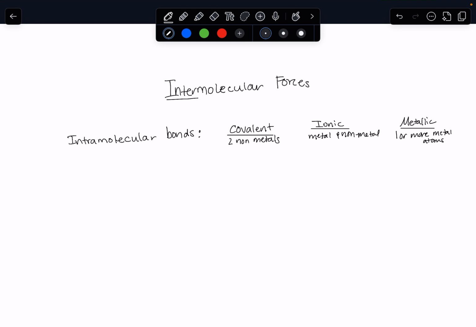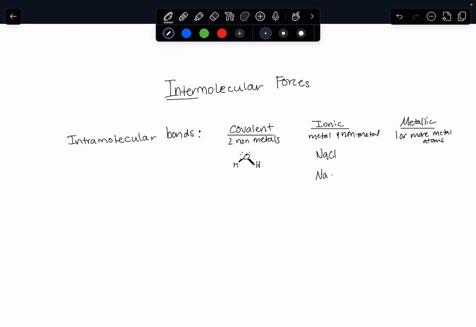Again, a covalent bond is between two nonmetals. An example of this would be water. Water is held together by covalent bonds, which is an intramolecular bond. An example of an ionic bond is, let's say, sodium chloride, NaCl.